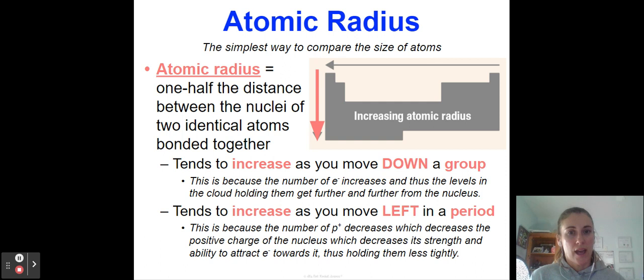So it's going to get smaller as we go left to right, because more and more protons added each time in the same energy level means that it's going to pull in that nucleus tighter.